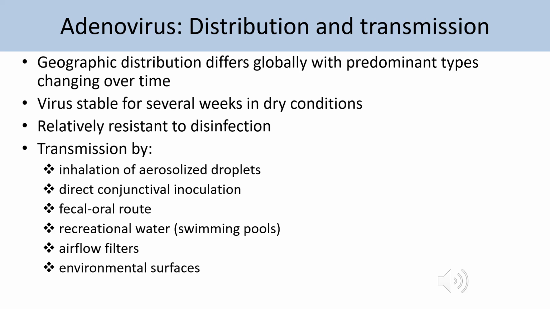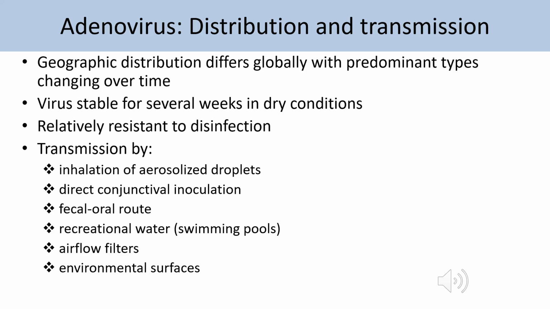Transmission can be by inhalation of aerosolized droplets from infected individuals, and that can also be a cause for direct inoculation of the conjunctiva. And because this virus can cause gastroenteritis and can be shed in feces, fecal-oral route transmission is another source of transmission.